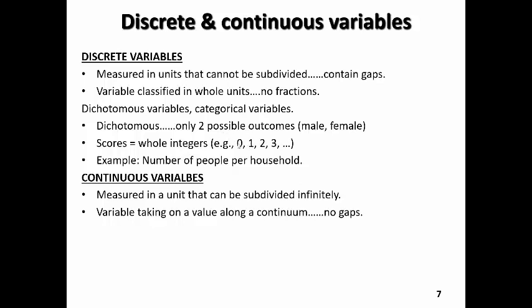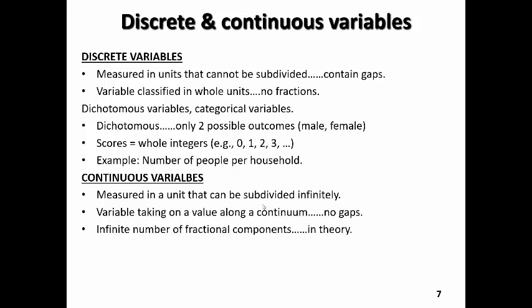So with a discrete variable, we clearly see that there is a gap between 0 and 1, 1 and 2, 2 and 3. And so in this particular type of approach, if we're using a discrete variable, we cannot have an outcome that's 0.5 or 1.3.